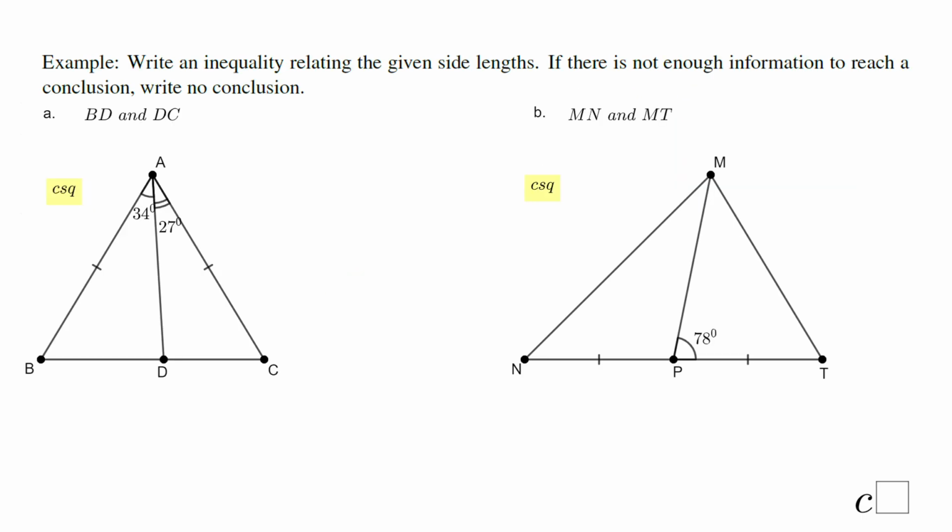Let's take a look at an example like this when we have triangles that share a common side in the picture. So we are asking in part A to find the right inequality relating these two segments, BD and DC. If you notice here, we do have two triangles. We have ABD. I'm going to try to draw it here.